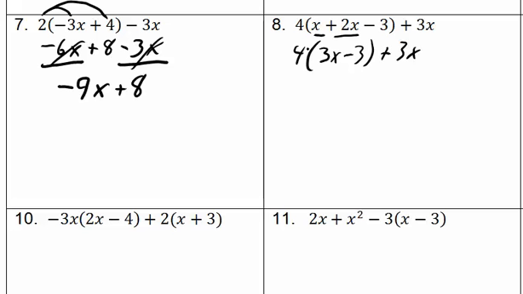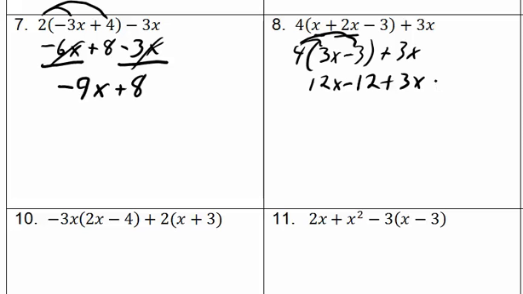Then we use multiplication and division, so distributive property is multiplication. So multiply that times that and that times that. So 4 times 3 is 12x. Remember, this is negative, so 4 times negative 3 is negative 12. Just write everything else down.